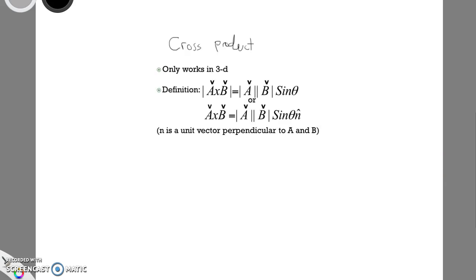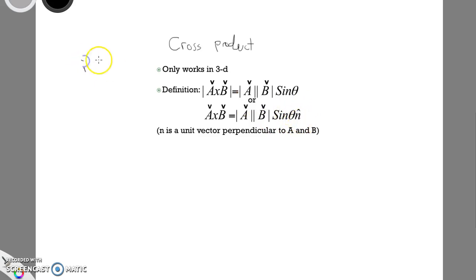And so here's the definition of the cross product. The magnitude of the cross product is equal to the magnitude of vector A times the magnitude of vector B times the sine of the angle between them. Or, the cross product of A and B is equal to the magnitude of A times the magnitude of B times the sine of the angle between them times this unit vector n.